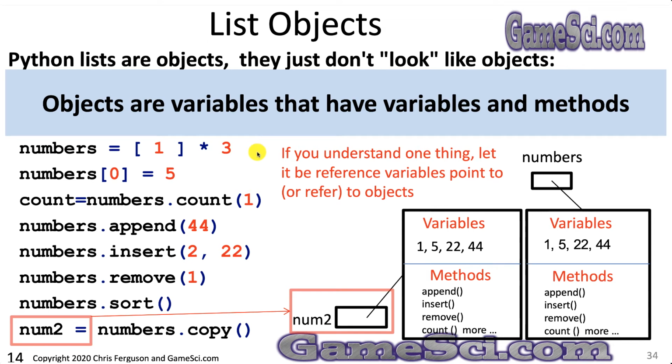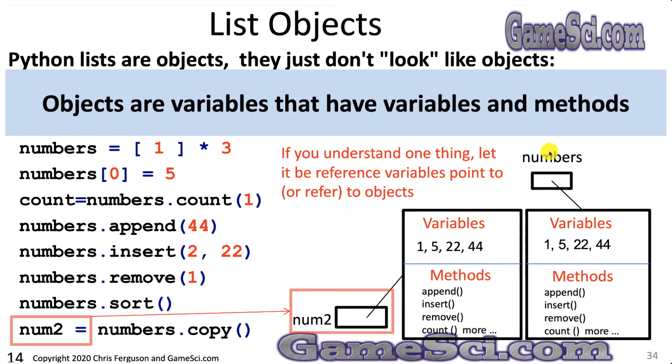If you understand one thing, let it be that reference variables point to or refer to objects. The purpose of a reference variable is to point to or refer to an object. When I assigned the copy to num2, num2 would point to the copy of the object.